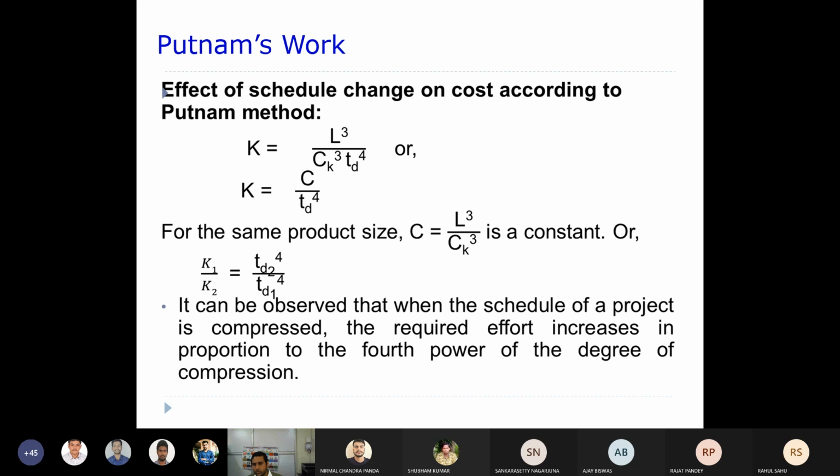Now let's say, for example, the development duration you want is 6 months initially, for which maybe the effort will be something like 100 person-months.